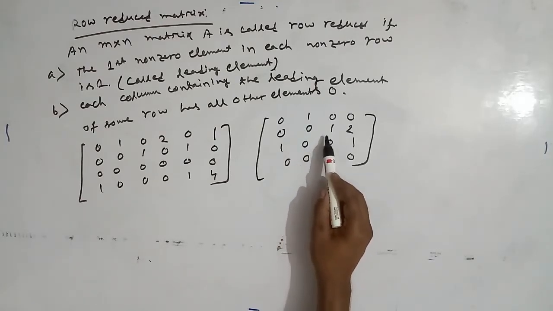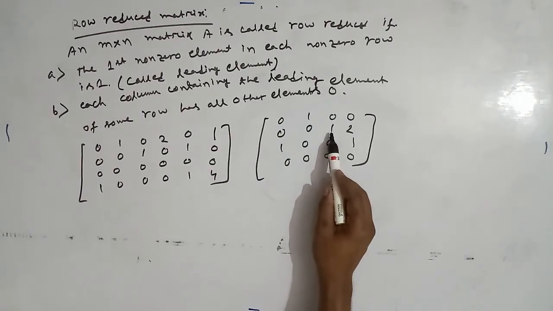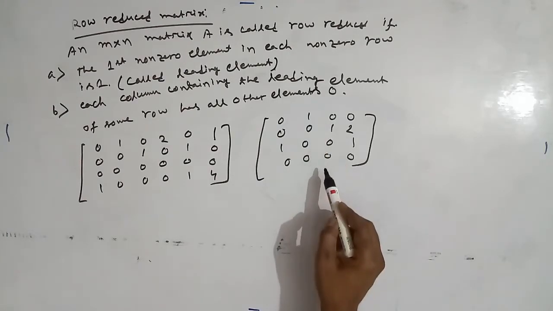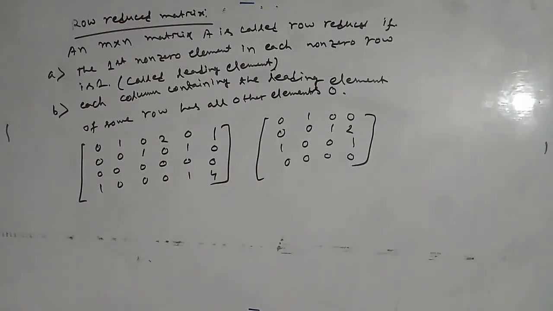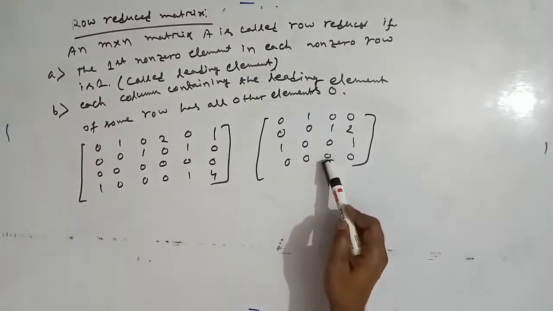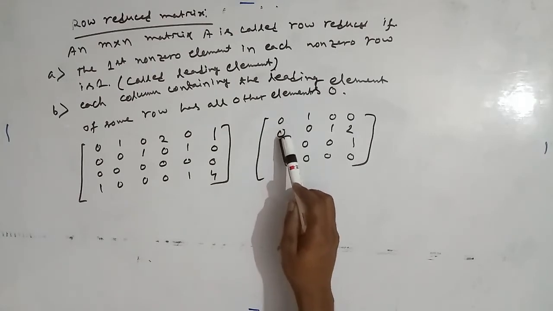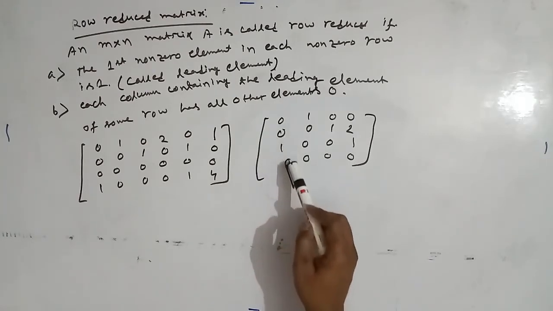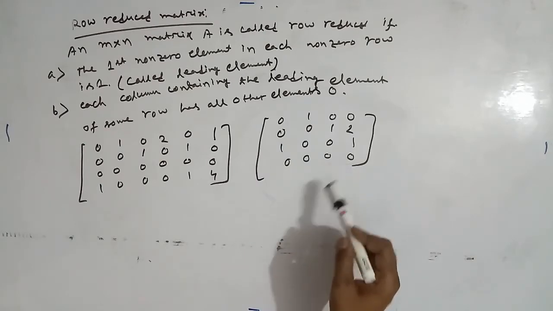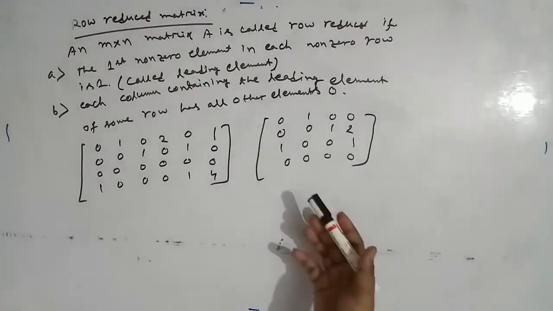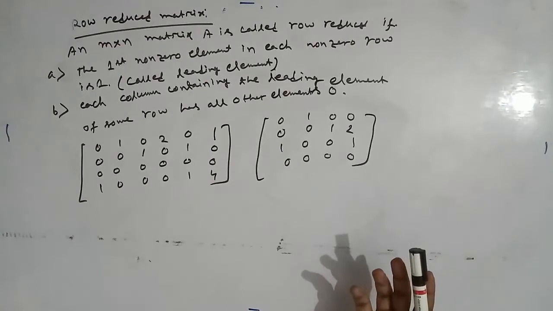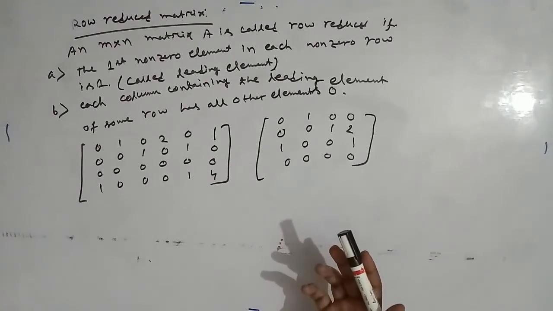The leading element of the second row is 1, contained in the third column, and all other elements are 0. The leading element of the third row is 1, contained in the first column, all other elements are 0, and the fourth row is a 0 row, so you do not have to check a leading element.